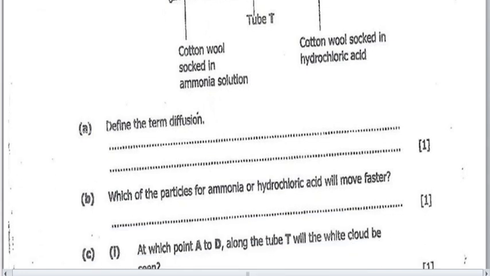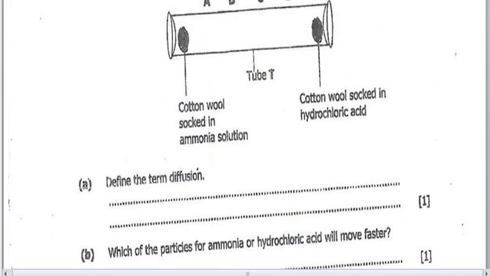Part B, which of the particles, those of ammonia or hydrochloric acid, move faster? We have cotton wool that is soaked in ammonia and one that is soaked in hydrochloric acid. Which one do you think is going to move faster?